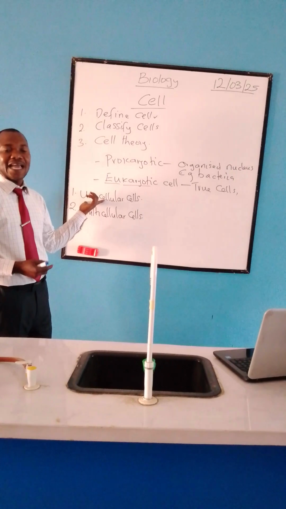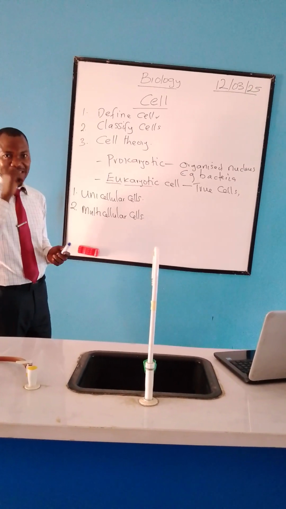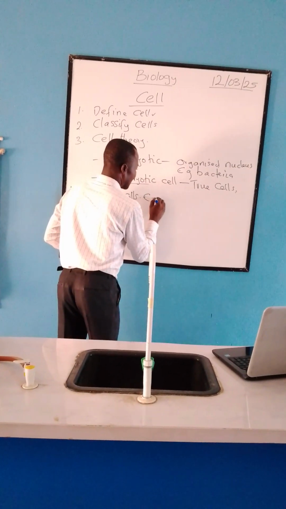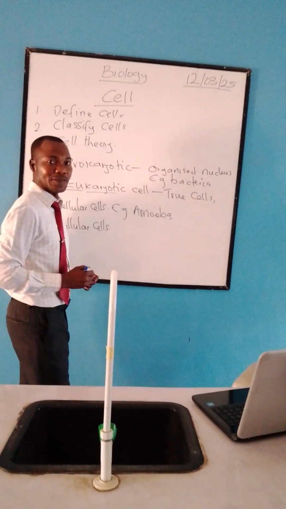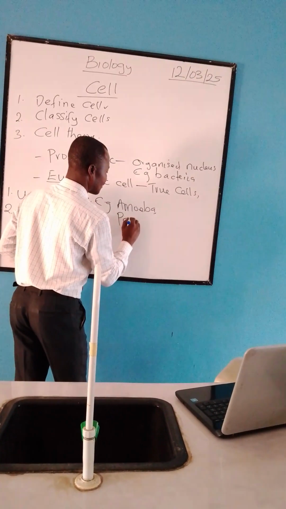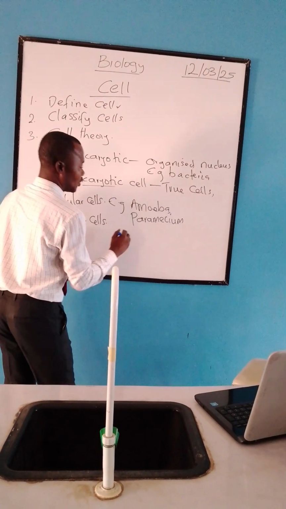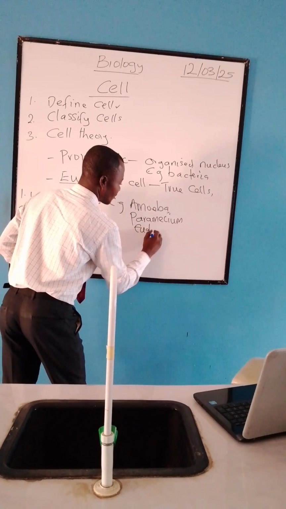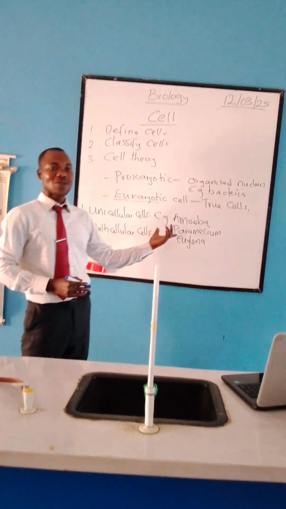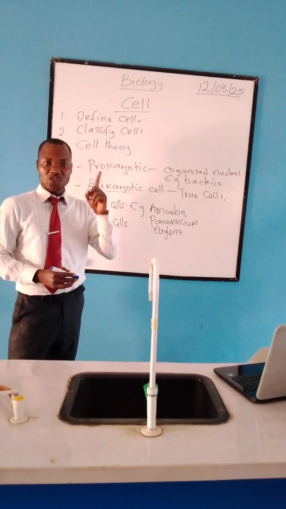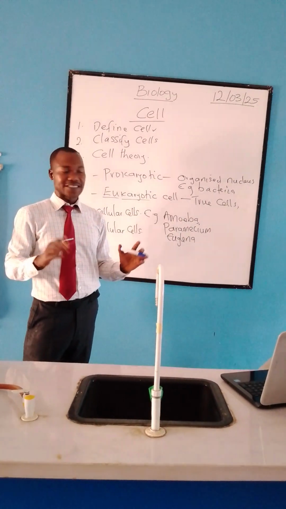Unicellular cells are single cell organisms. They have one single cell. A good example is amoeba, just like we mentioned before. Amoeba, paramecium, euglena. So these are examples of what? Unicellular organisms. They have just one cell that carries out all the life processes.